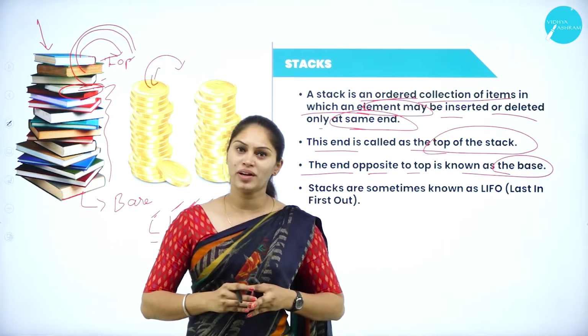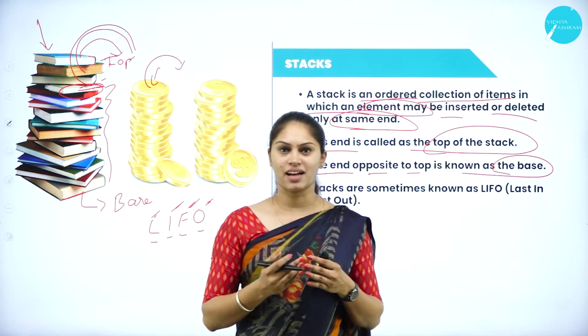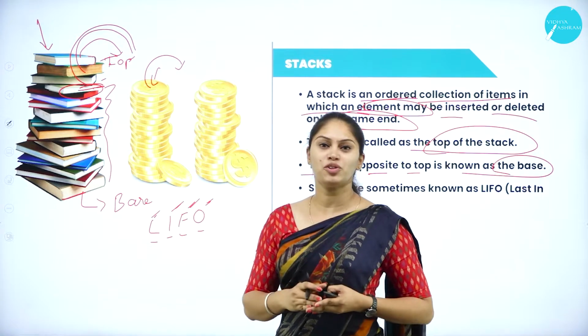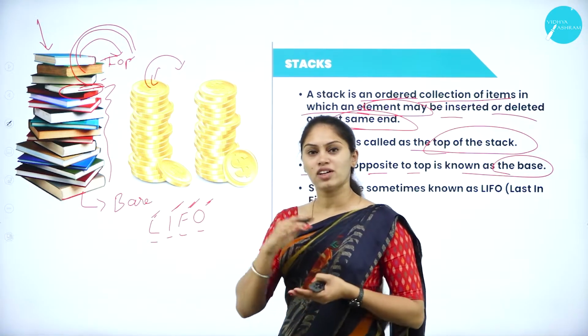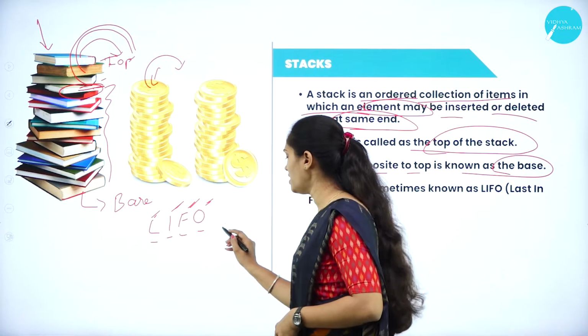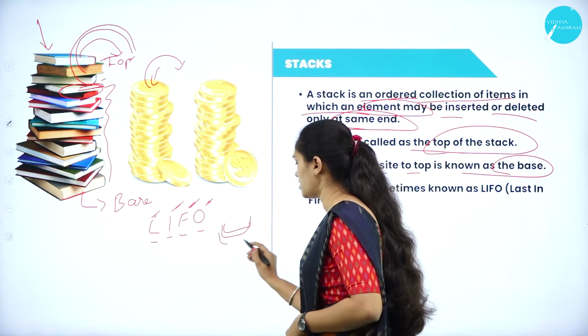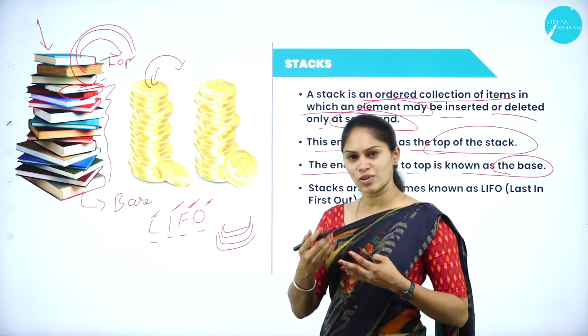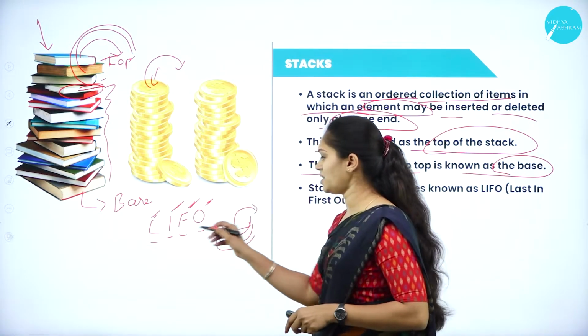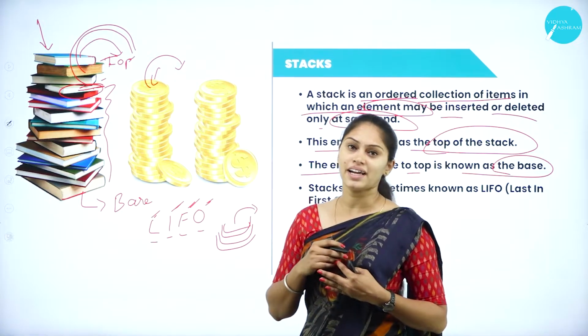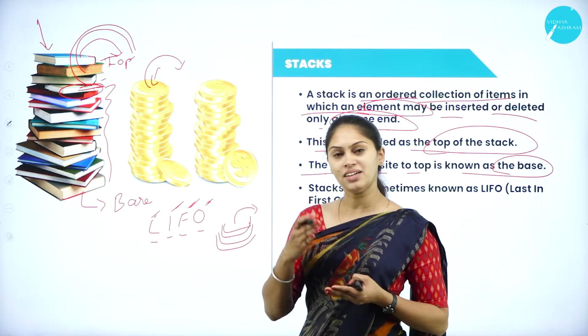Now let me take one more example to make you understand this stack. In a real-time scenario, if you have seen any cafeteria, there will be a stack of trays, right? Which tray are you going to take first? The one at the top. That means it follows the LIFO format: last in, first out.